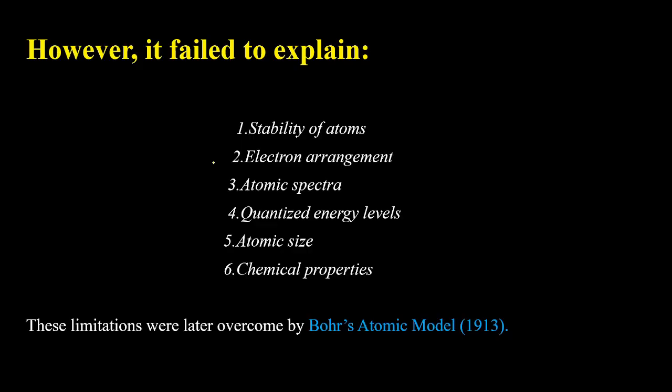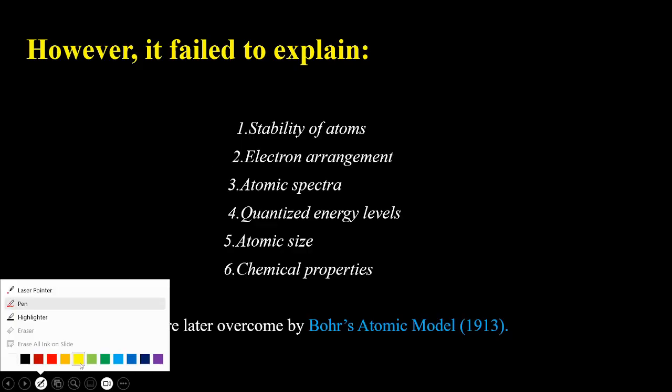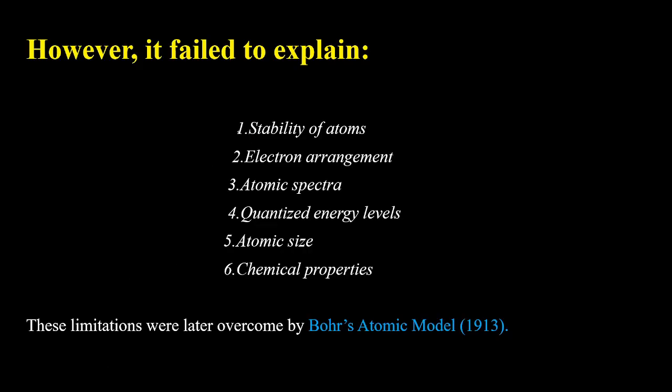But Rutherford's atomic model could not explain the stability of the atom as I have explained earlier. It is totally silent about the electron arrangement inside the atom. Atomic spectra of an atom could not be explained by Rutherford's atomic model.